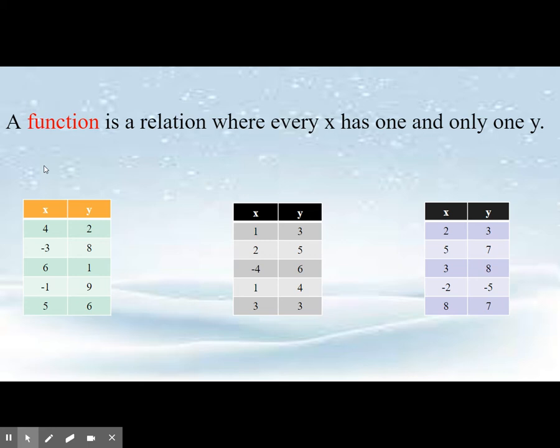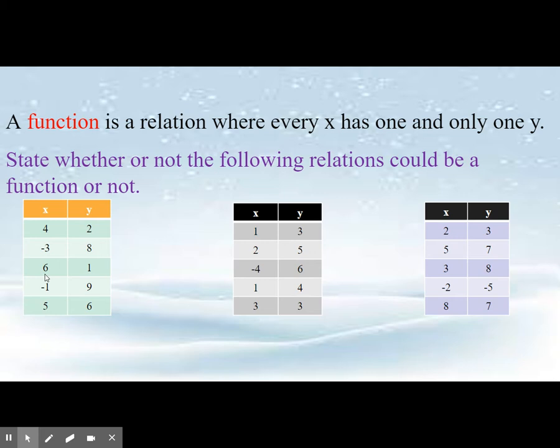You cannot have the same number more than once. So if I look at this table and look at the numbers on the x side, do I have any of these numbers more than once? No, they're all different. And since they're all different, it's a function. It's a function because all of the x's are different.